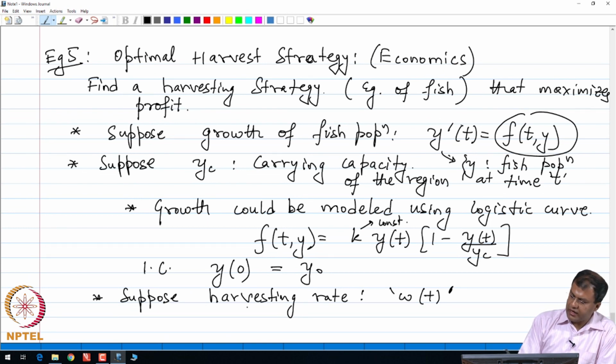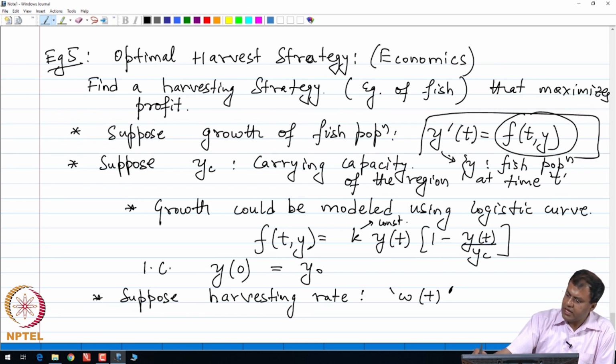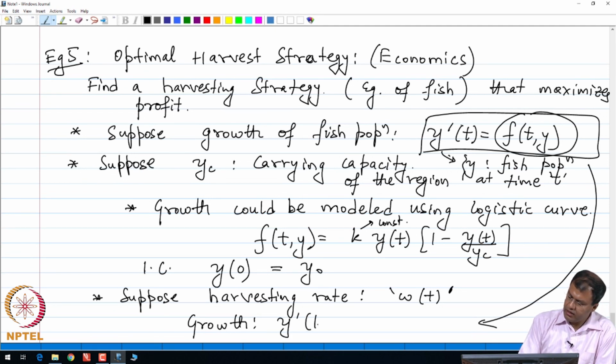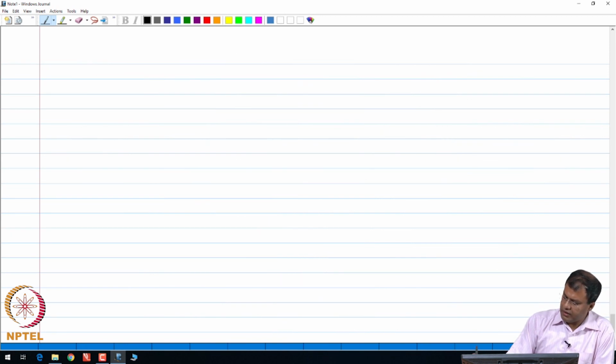So, which means that this particular ODE can now be remodeled as follows. We are going to remodel the growth of the fish population by this modified growth equation f of t comma y minus w of t, which is the quantity per unit time of the fish which is taken out of the system. Okay. So, then the problem is as follows.